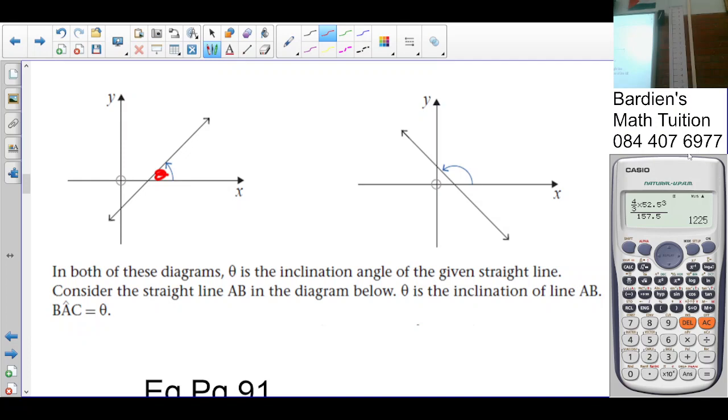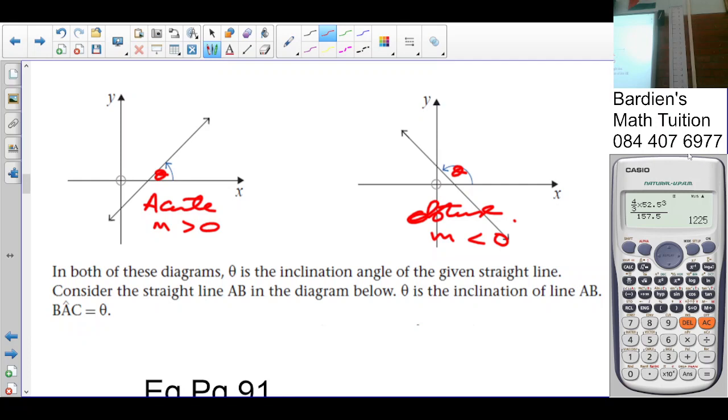If the line is decreasing, we have a negative gradient. So what do you know about this angle? This angle will be an acute angle, while this will be an obtuse angle. Can you see that? This gradient is positive, while this gradient is negative.